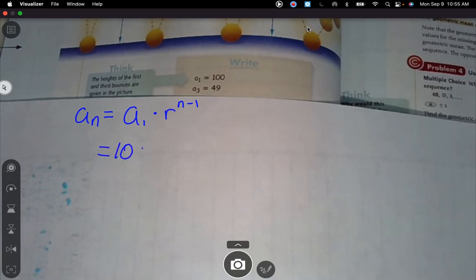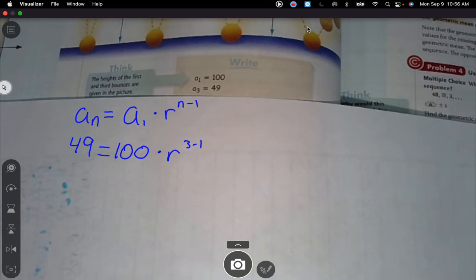Now, I know my third term. Oh, that's not my first term. My third term was what? 49. Does everybody understand? Yeah, I'm using the explicit. My third term is 49. So I can plug in 3 minus 1. I just used third term and 49. That's my first term.